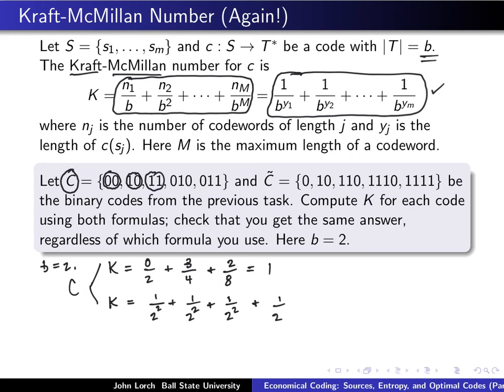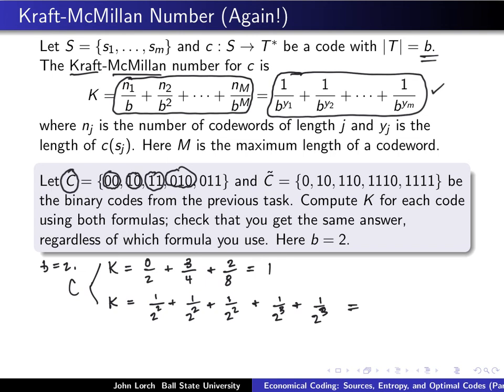So I'm looking at y sub 4 as the exponent. Remember, y sub 4 is the length of the fourth code word, which is 3. And again, the fifth code word has length 3. And so this will also be our Kraft-Macmillan number.